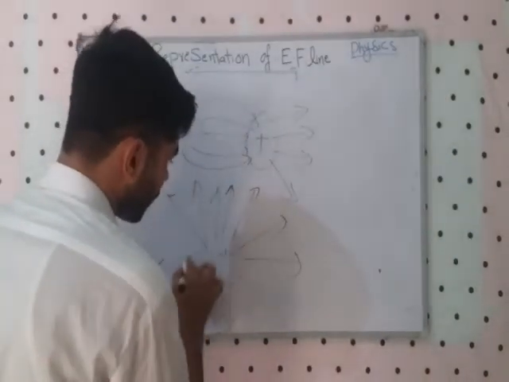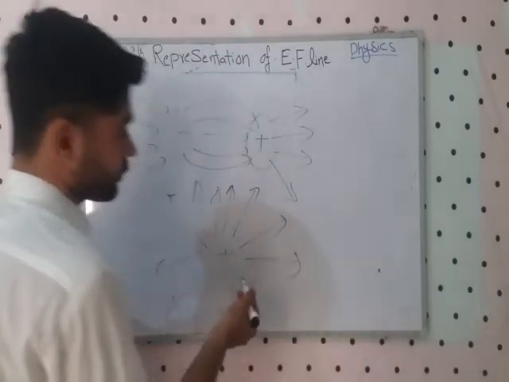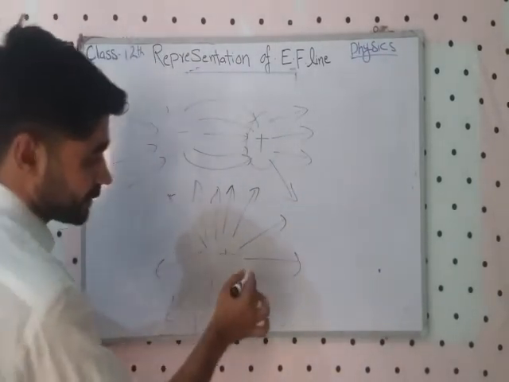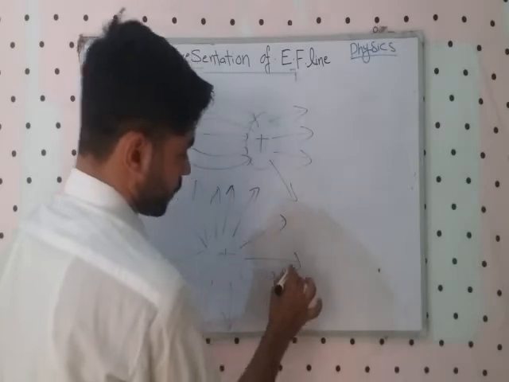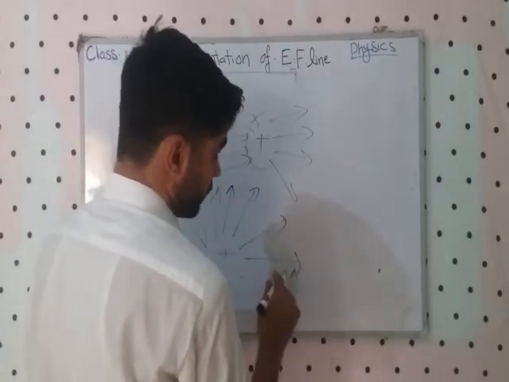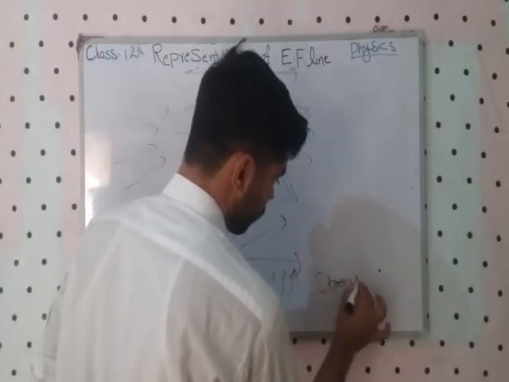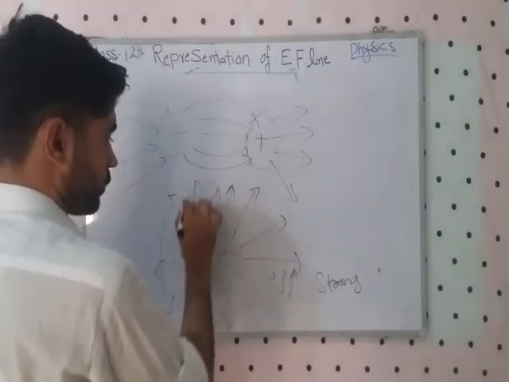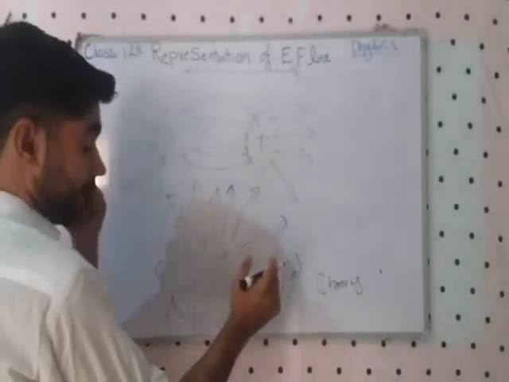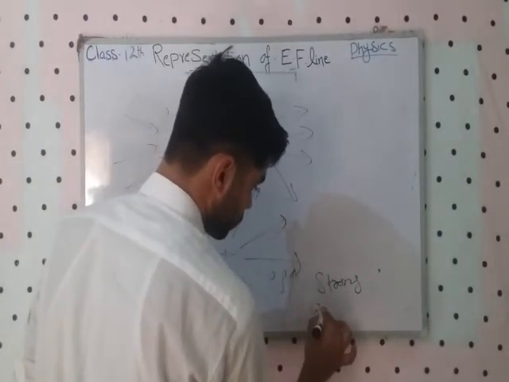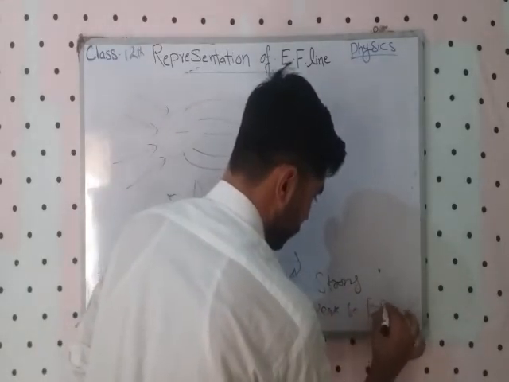For example, if we take this area, the density of the electric field lines is very high, so the electric field will be stronger here. If we take it here, the density of these lines is so weak, so the electric field will be low here.